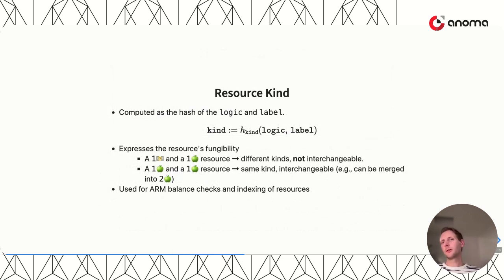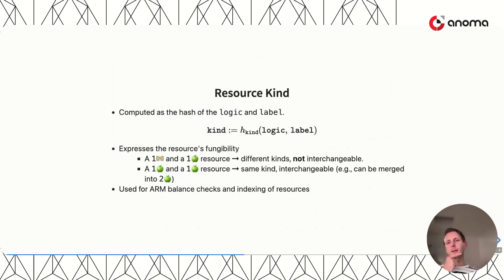For example, $1 and an apple have different kinds. They are not interchangeable, whereas one Apple resource and another Apple resource have the same kind. This would allow you to merge them into a 2 Apple resource if the logics would allow that.